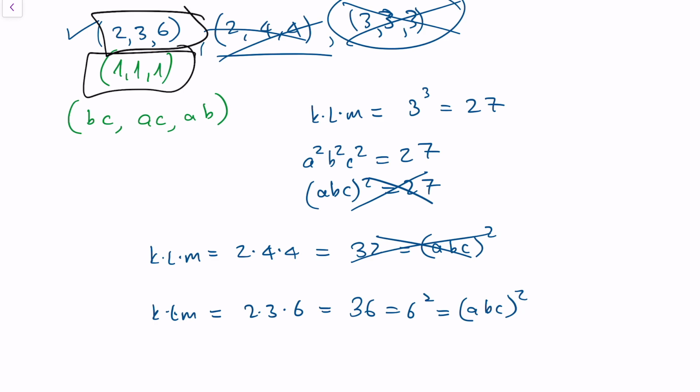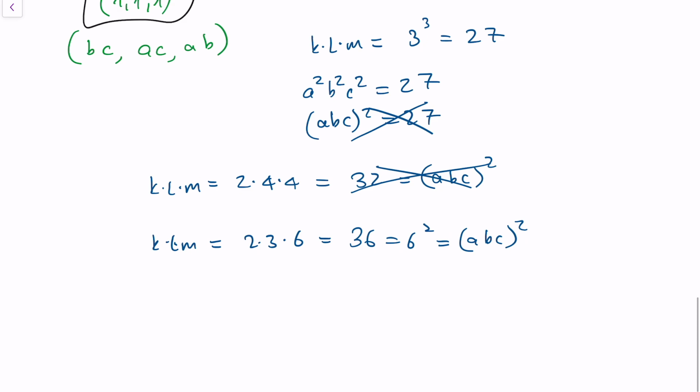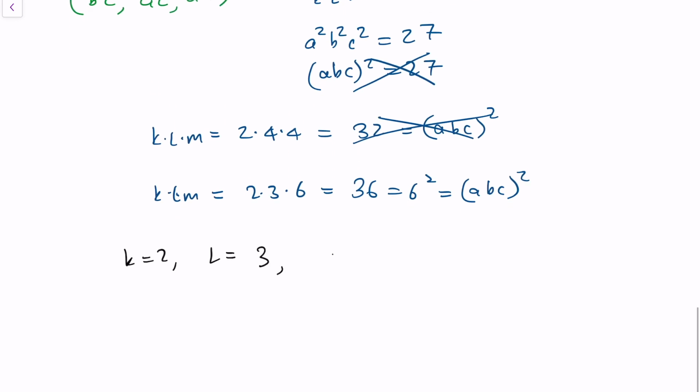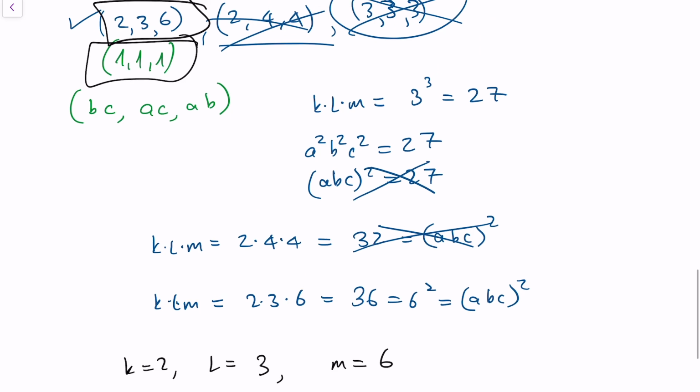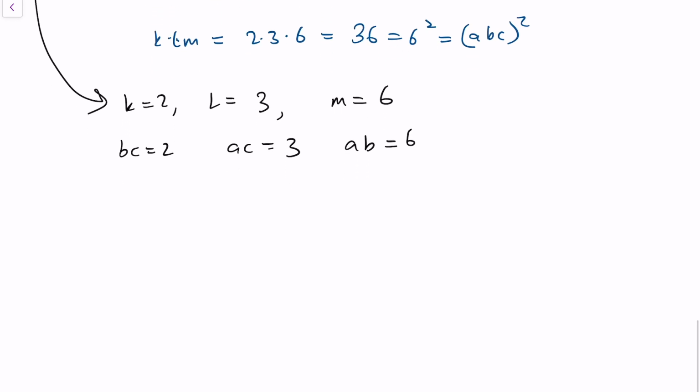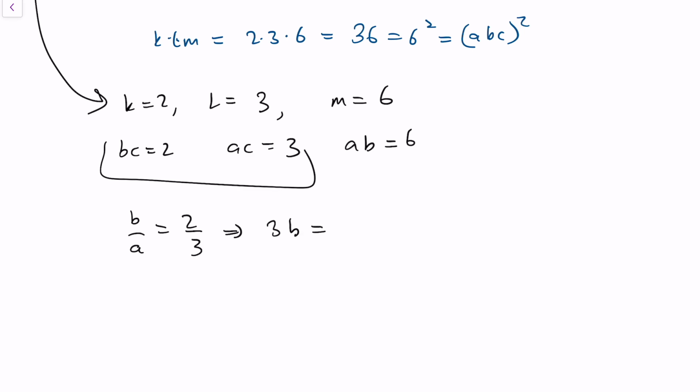So what we have now is that K is equal to 2, L is equal to 3, and M is equal to 6. In other words, we have BC is equal to 2, AC is equal to 3, AB is equal to 6, right? So let's solve it. If AB is equal to 6, why don't we eliminate C from here? So we have B over A is equal to 2 over 3. That implies 3B is equal to 2A.